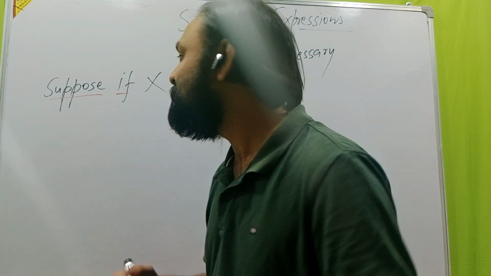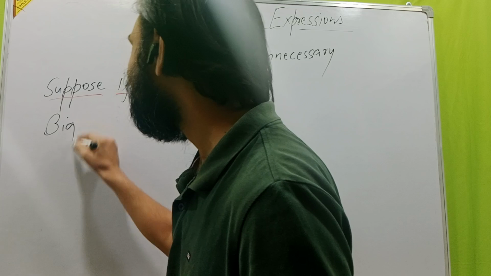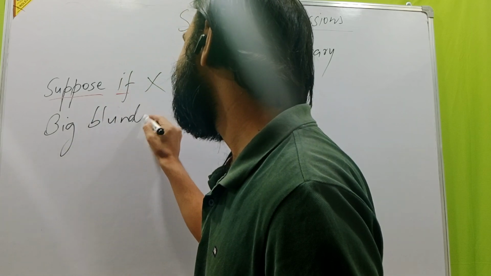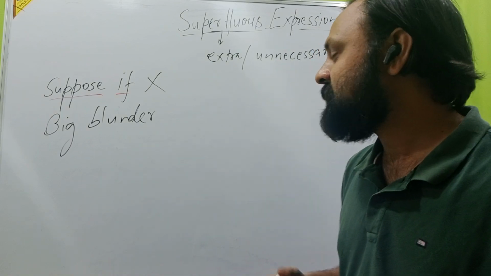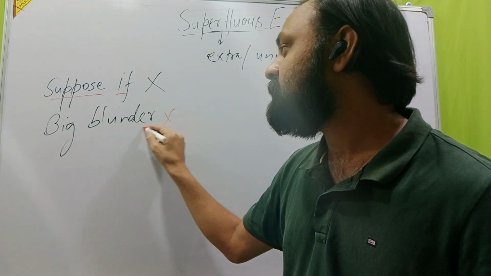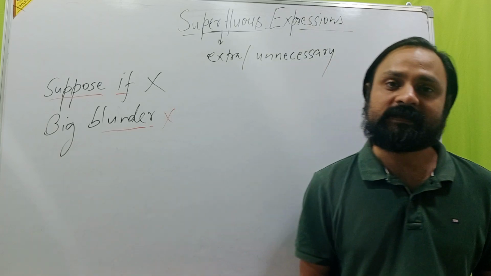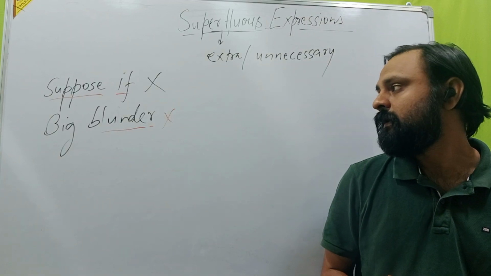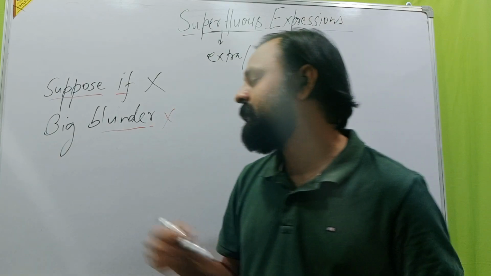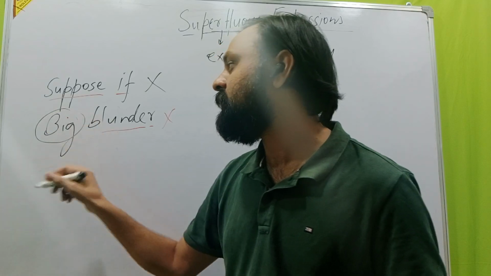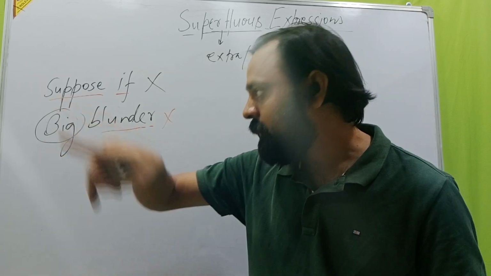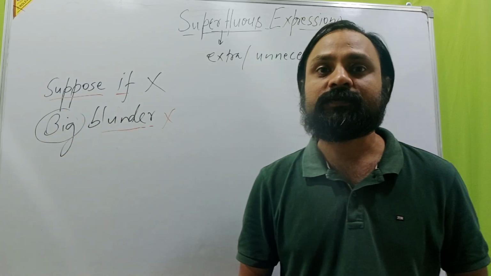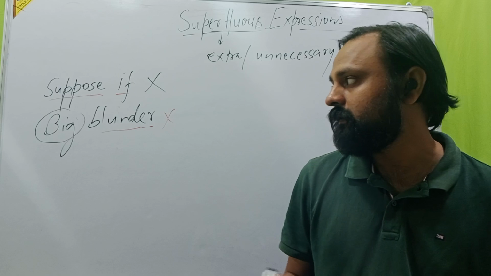So suppose if is a big blunder. What? A big blunder. The big blunder here is our next superfluous expression. It is also incorrect. Because blunder is something that is supposed to be huge in itself. It is already very big. So you don't need to add any kind of adjective to indicate its intensity. So I cannot use big, and I can also not use anything like small or light.